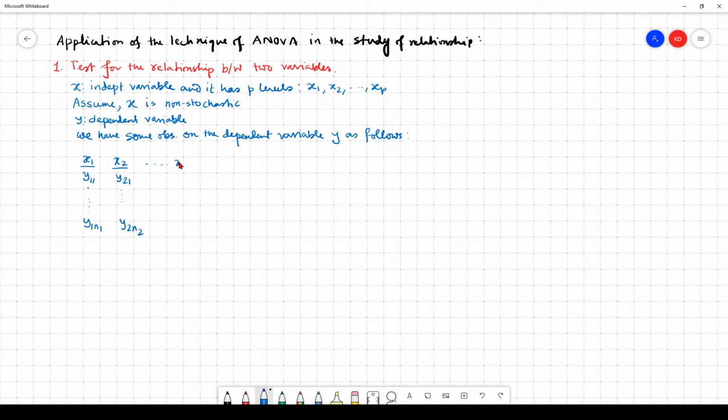And lastly, for the pth level, we have np observations.